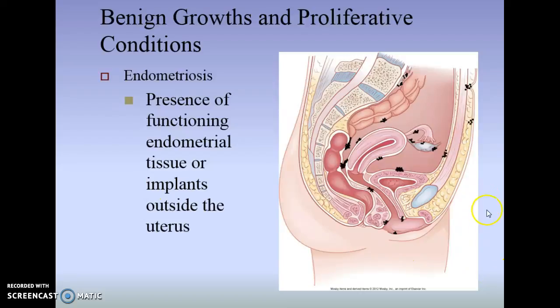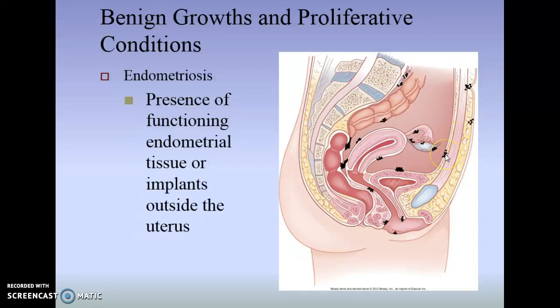What this picture looks like to me are little ants or pieces of coffee grounds. But all of this black is supposed to represent endometrial tissue that should be in the uterus, that has somehow migrated out of the uterus and found its home in different areas of the body.